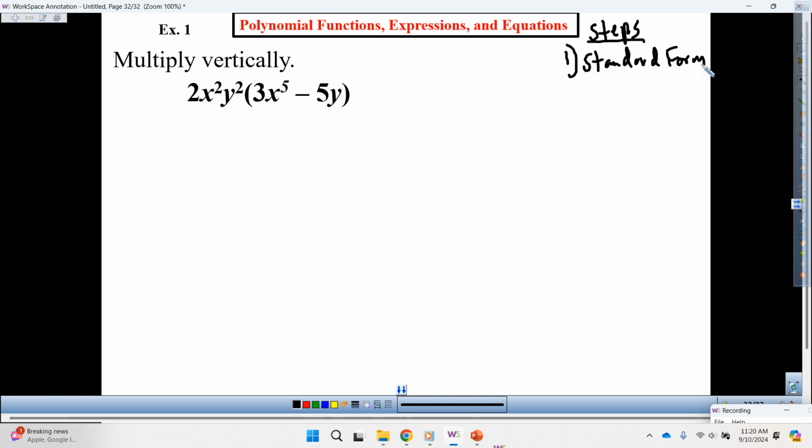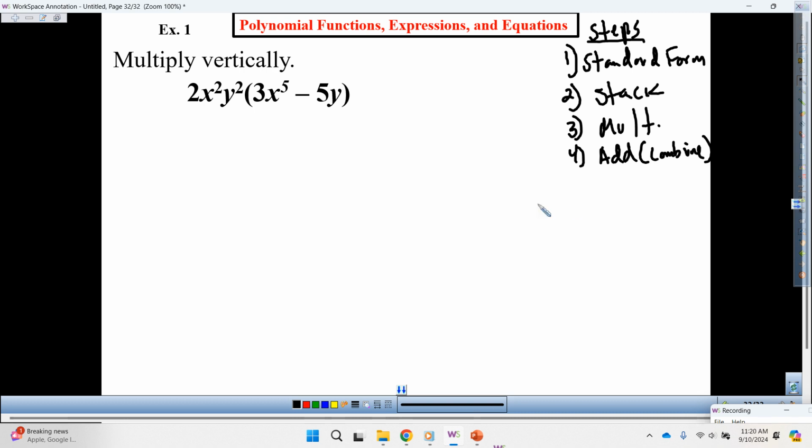Okay. Step 2. Stack the 2 polynomials. And then number 3, multiply. And number 4, add or combine. 4 simple steps.